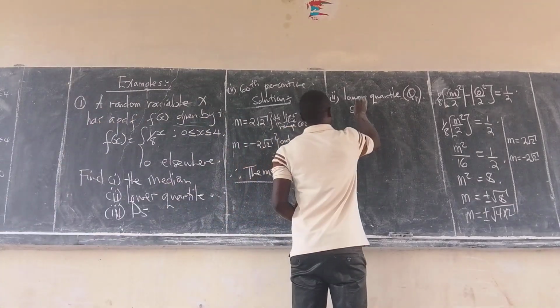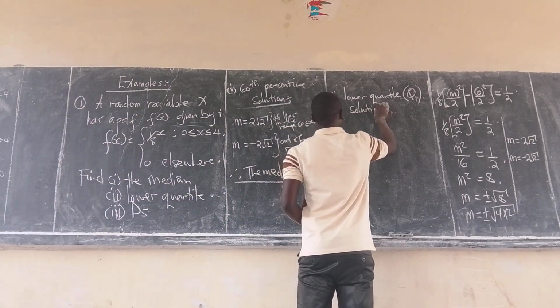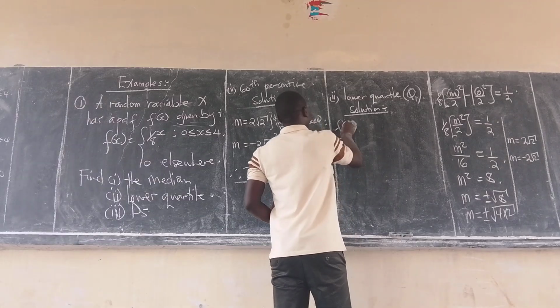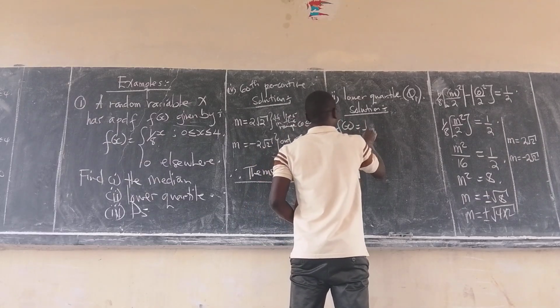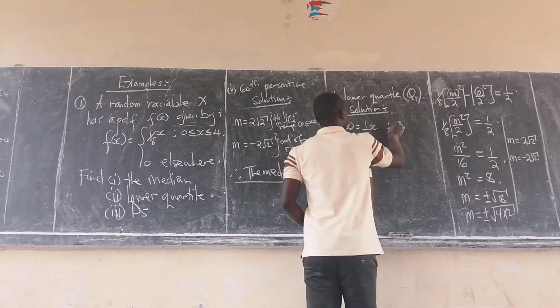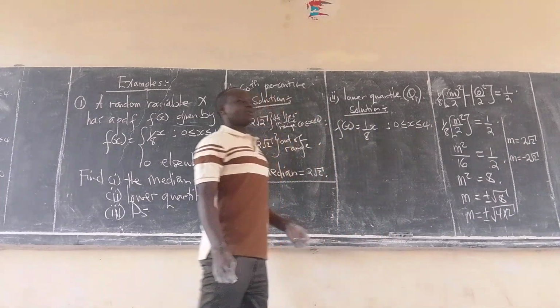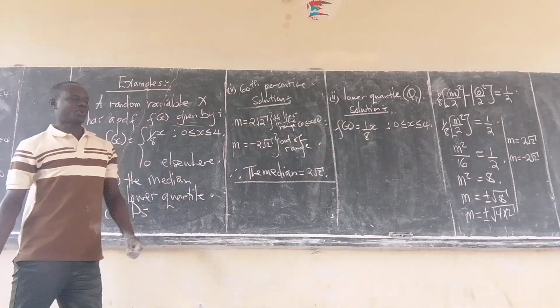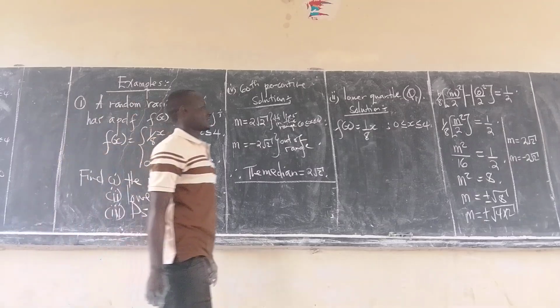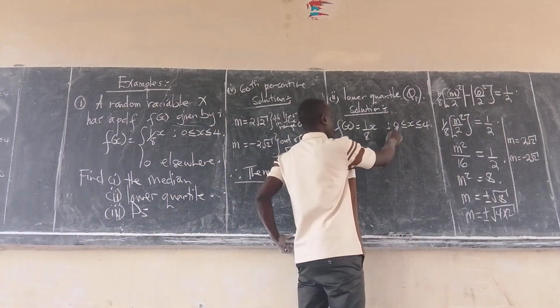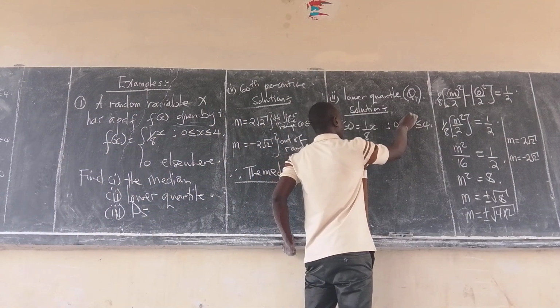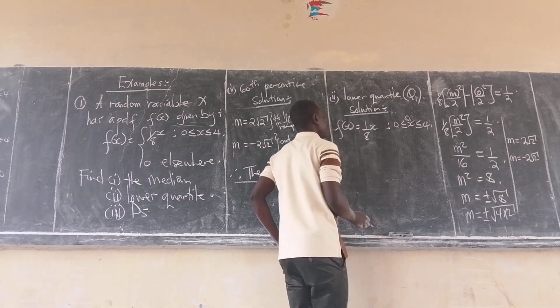So we shall first identify f of x. Our f of x is 1 over 8x. This is when x lies between 0 and 4. And because we are looking for the lower quartile Q1, then Q1 must definitely be at some point between 0 and 4.